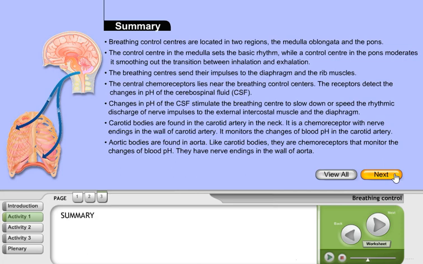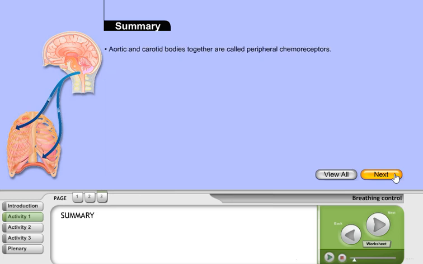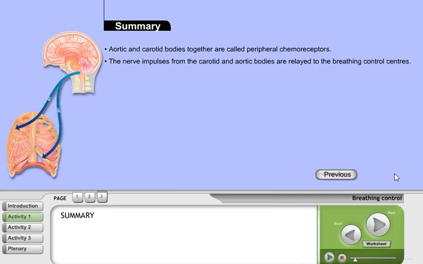Like carotid bodies, they are chemoreceptors that monitor the changes of blood pH. They have nerve endings in the wall of the aorta. Aortic and carotid bodies together are called peripheral chemoreceptors. The nerve impulses from the carotid and aortic bodies are relayed to the breathing control centers.